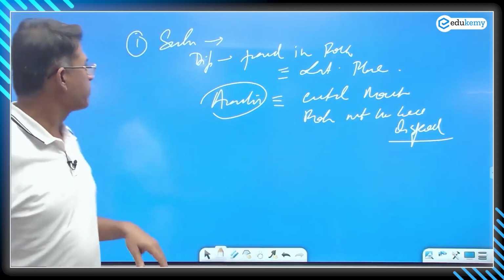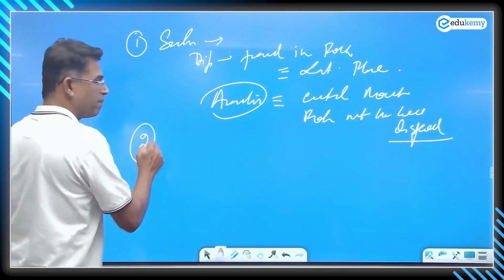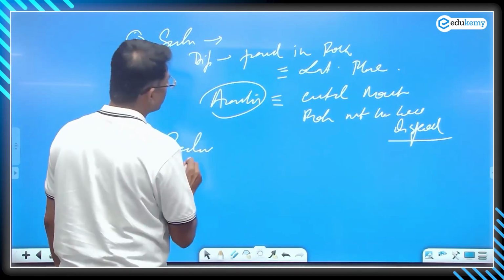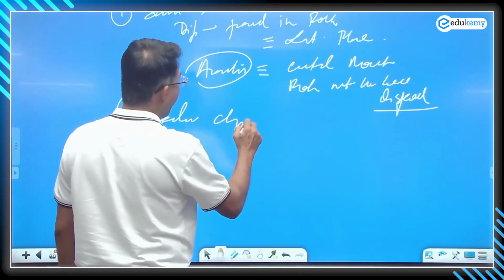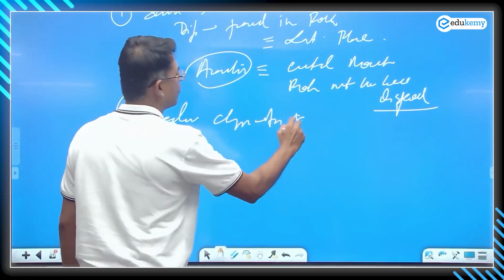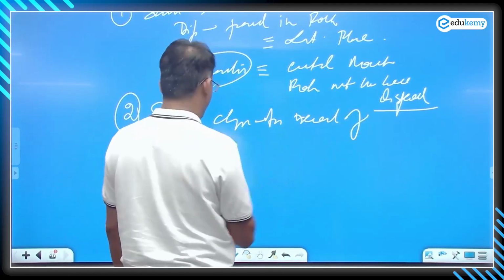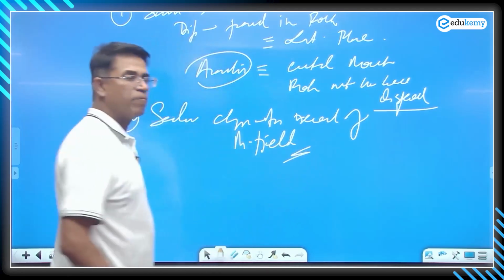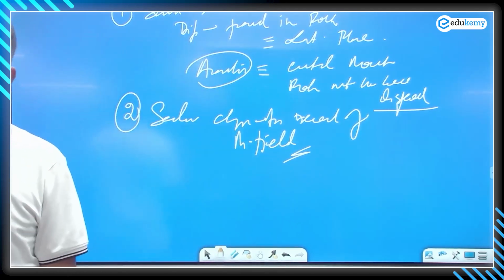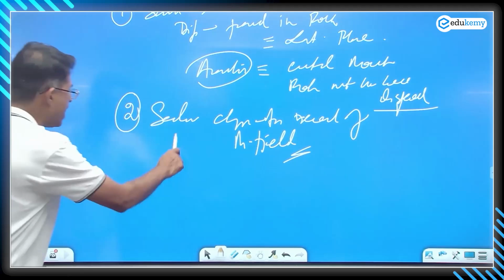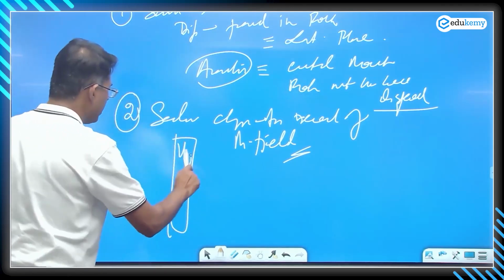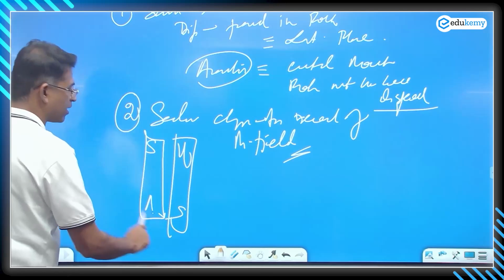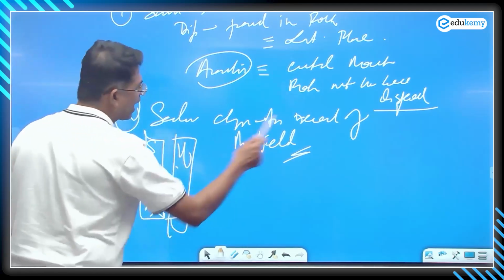That's one example. Second example, the secular changes associated with the reversal of the magnetic field. In this whole band this is north and this is south, and in this whole band this is south and this is north, anywhere you are.